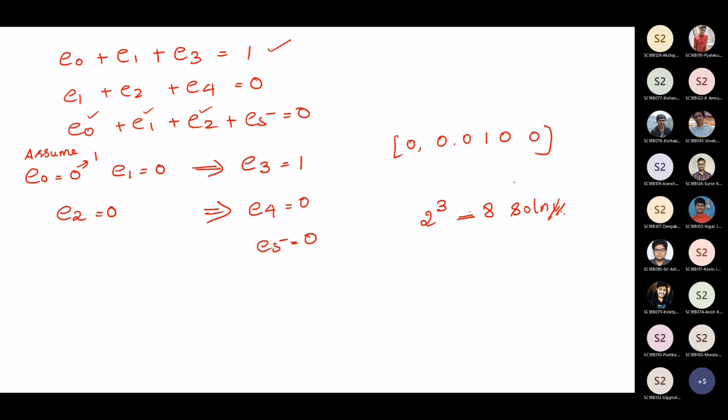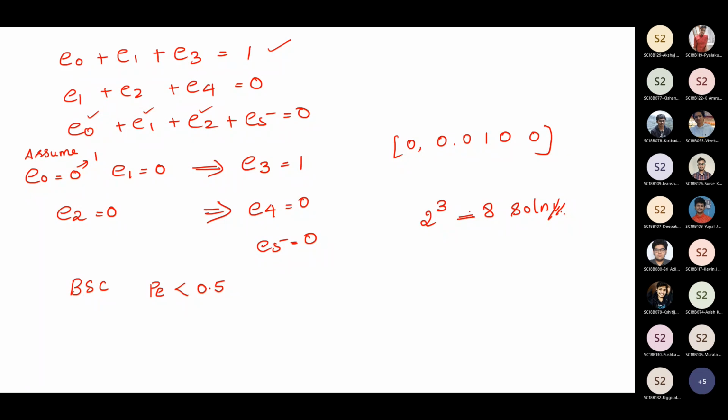So how to choose the error pattern? You know already that for a binary symmetric channel, the probability of error we are assuming is less than 0.5. It means the assumption is that the channel will introduce the minimum error.